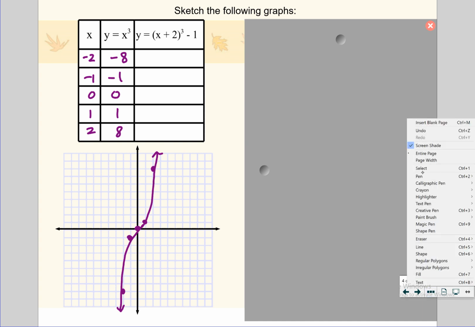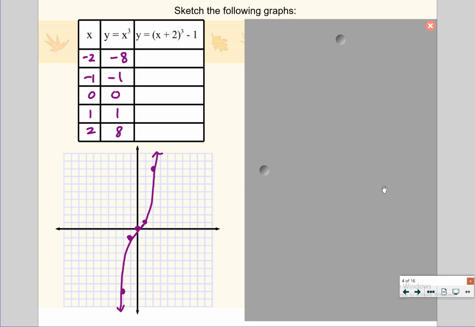Okay. All right, now we're going to transform it. So using those same x values, and this is where you've got to use a little brain power. So we're plugging -2 in for x. Order of operations. -2 plus 2 gives me 0. To the third power is 0. -1 is -1. Okay. Plug in -1. -1 plus 2 is 1.